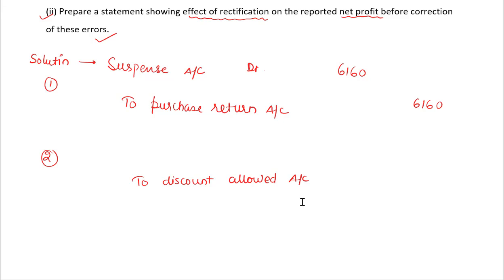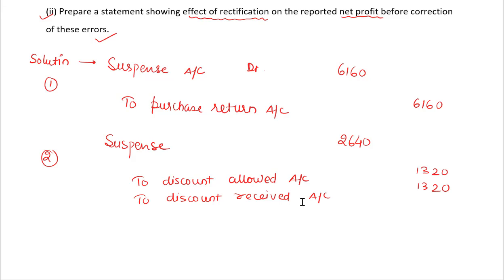The amount is 1320 over here. We will write to discount received, and the amount is 1320 again. If we total it, it will come to 2640, and on the debit side, we'll use suspense account.